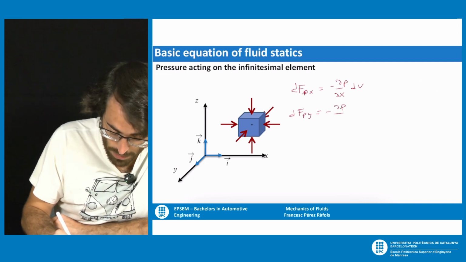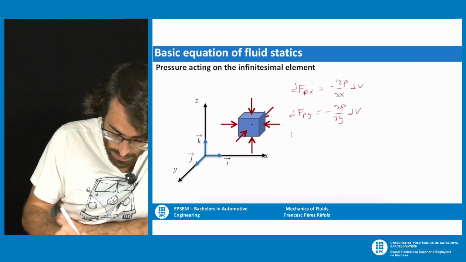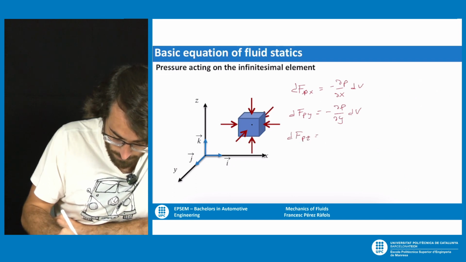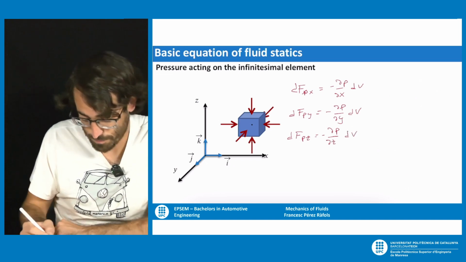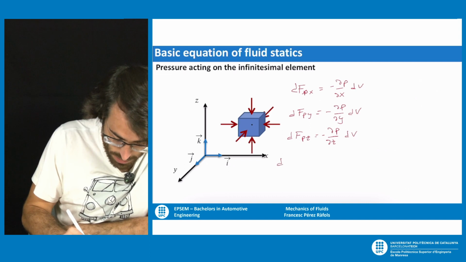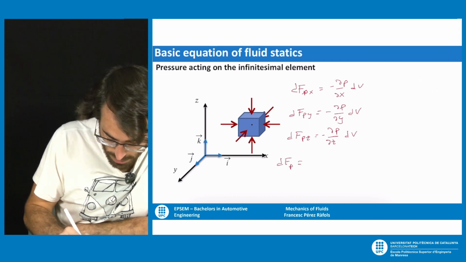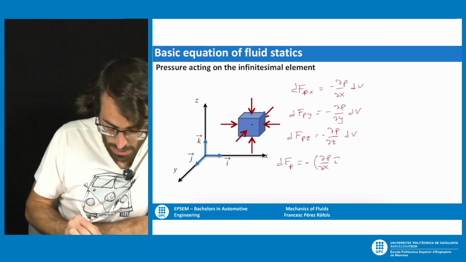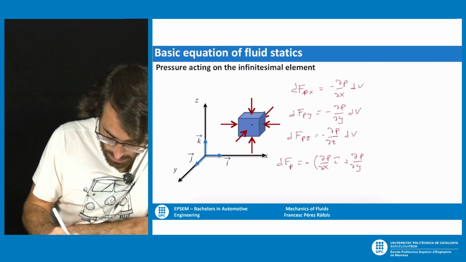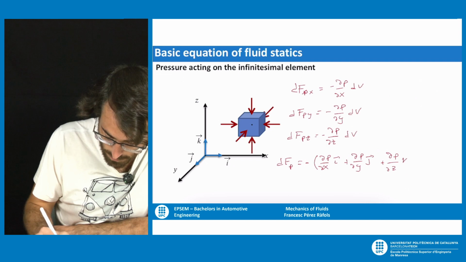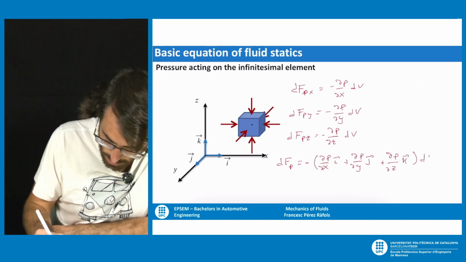So for y it is minus dP dy dV, and for z it is minus dP dz dV. What we can do is write this as a vector. So the Fp will be minus dP dx, the x component in the vector i, which is the vector going in x direction, plus dP dy times j, plus dP dz times k, and all with dV.